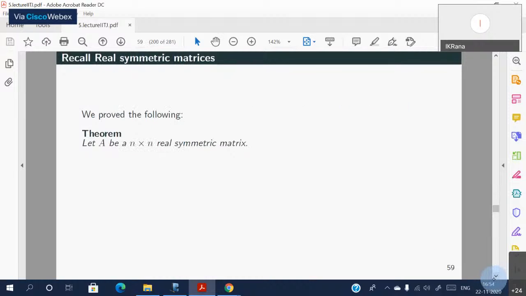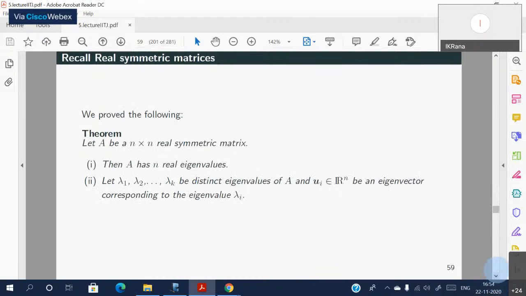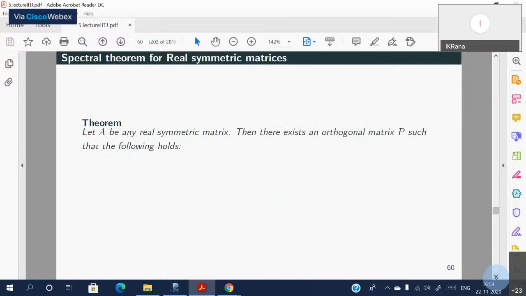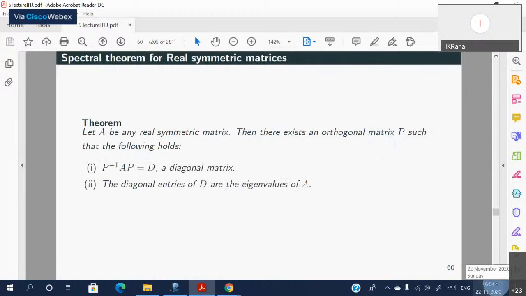So lambda 1, lambda 2 are distinct eigenvalues, and the eigenvectors corresponding to them form an orthogonal set. Then the claim is that there actually exists an orthogonal matrix P such that the following holds: P inverse AP is equal to a diagonal matrix.